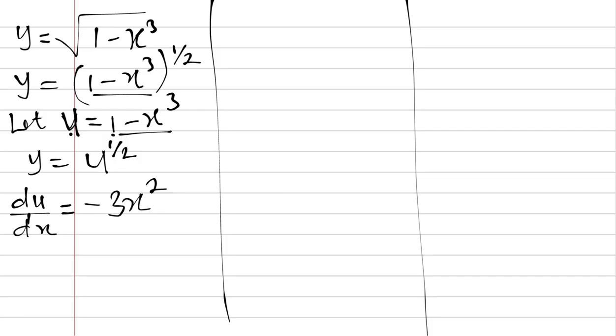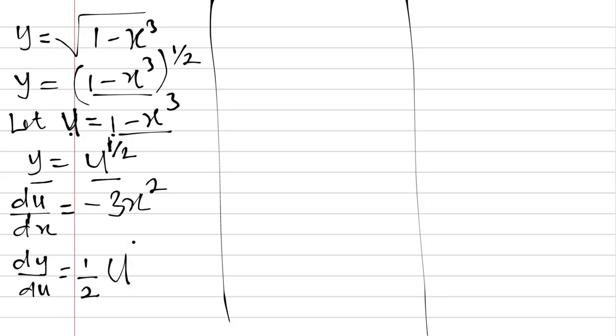Then that means your dy du now. You want to differentiate y with respect to u now. If you differentiate this, this will become 1 over 2, then u raised to power 1 over 2 minus 1.